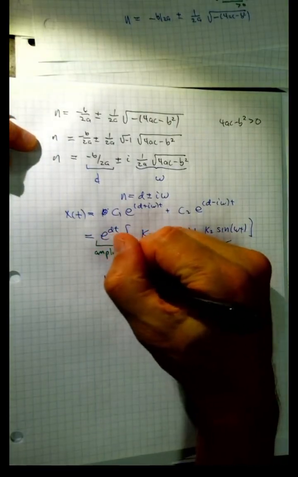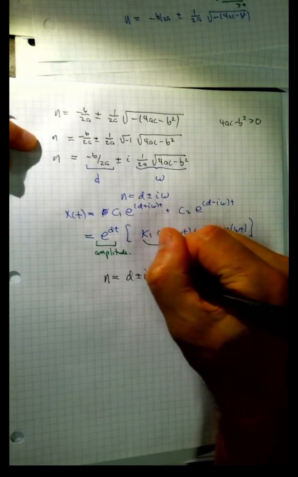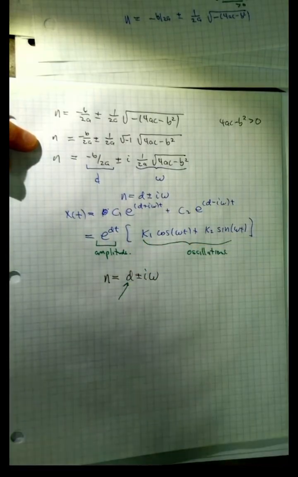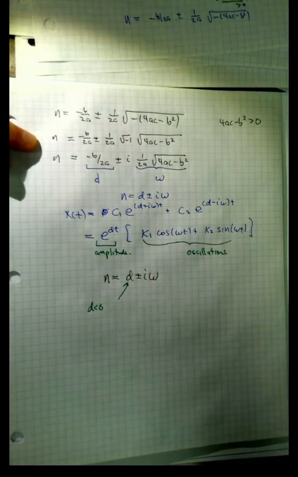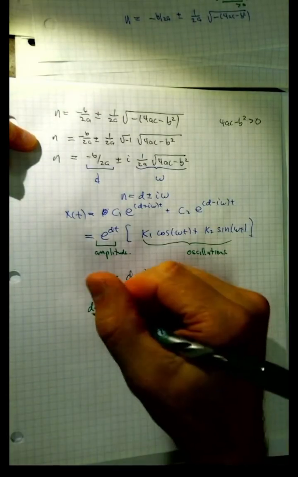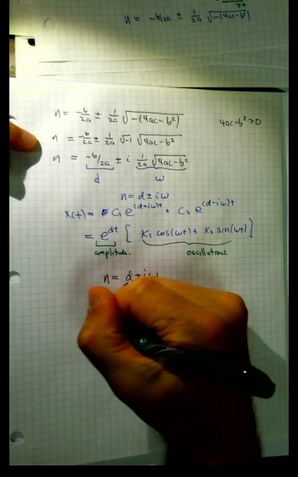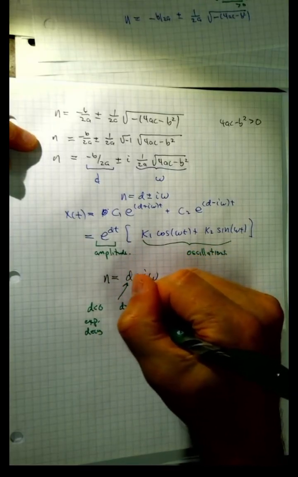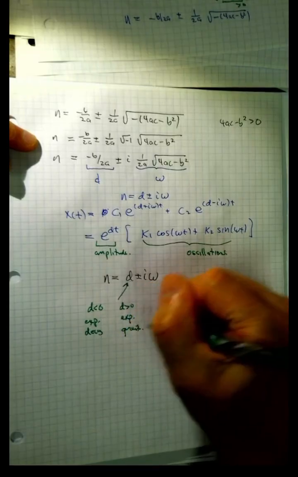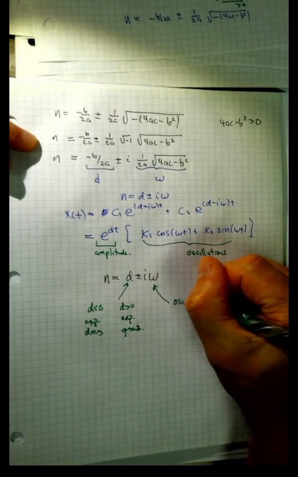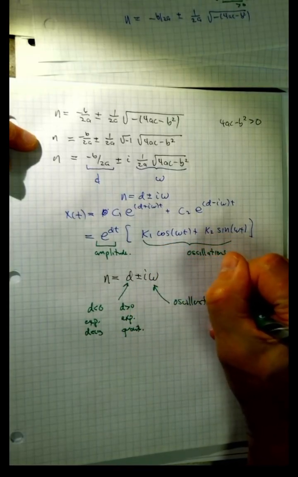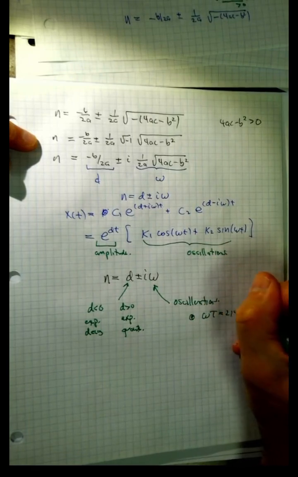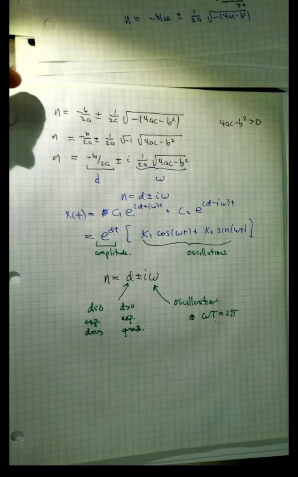So given that n is equal to d plus or minus i omega, you should immediately recognize that if d is negative, we get exponential decay. If d is positive, we get exponential growth. And the imaginary part tells us about the oscillations, where omega t is 2 pi, where t is the period of the oscillations.